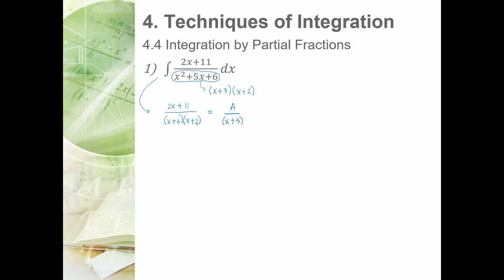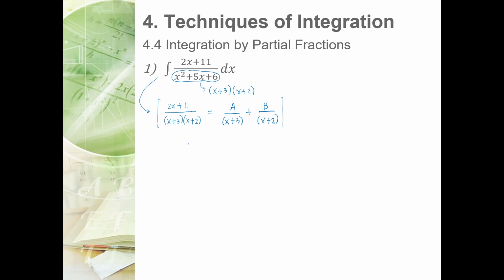Then, since we have another distinct factor, that would be plus B over x plus 2. Okay? So you have two different unknowns: the A variable and the B variable. So how are you going to find A and B? Let's first multiply the whole equation by the denominator of the left side.